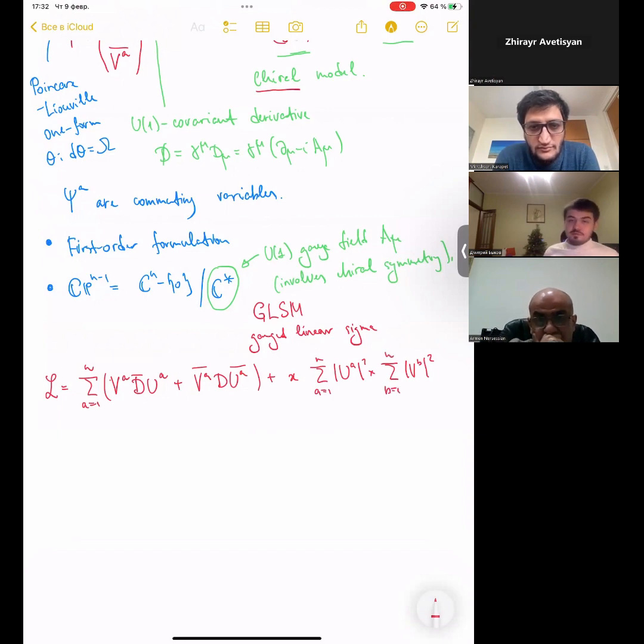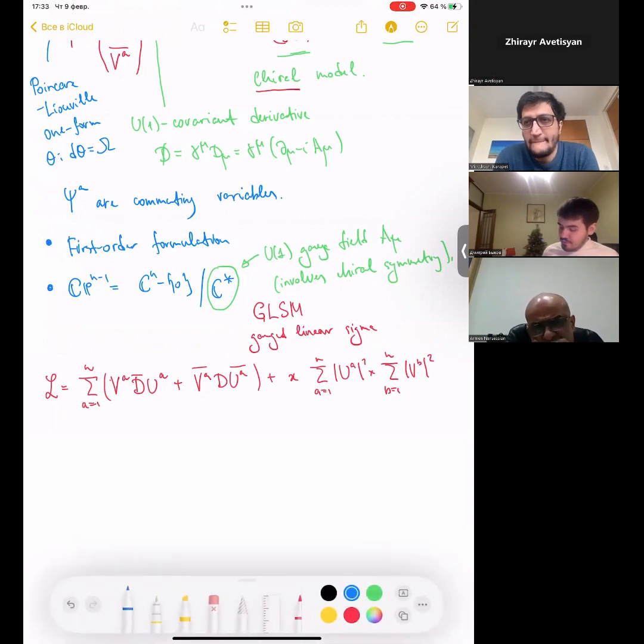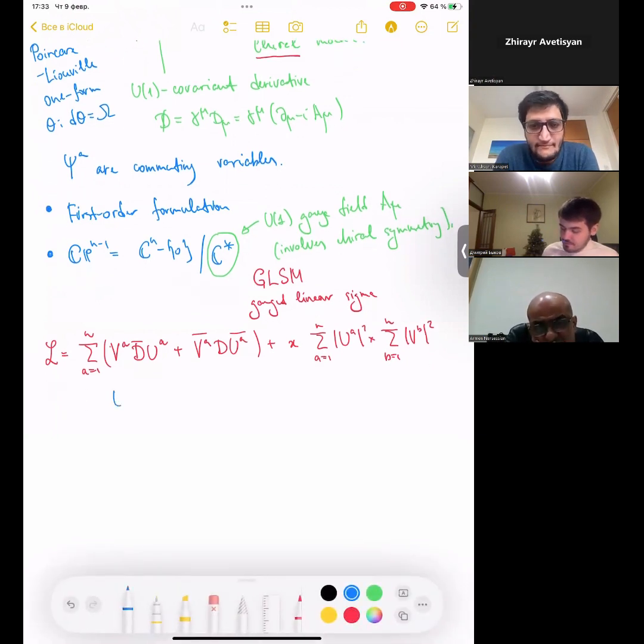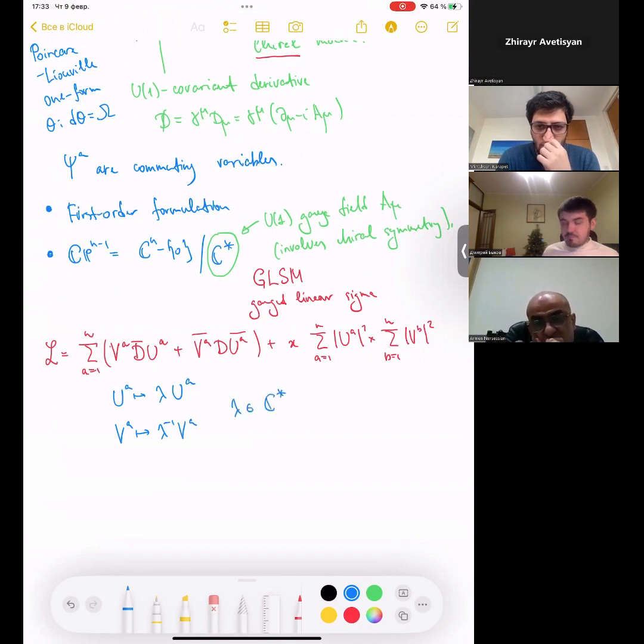This is the Lagrangian. So chiral symmetry means we multiply U by lambda U and V, so lambda is an arbitrary complex number, non-zero.